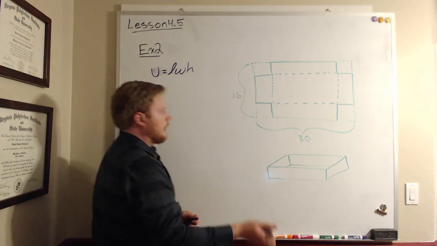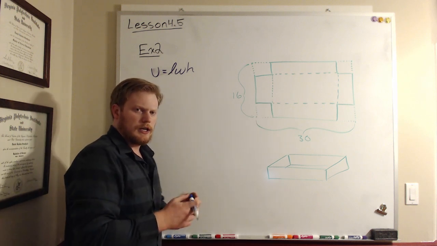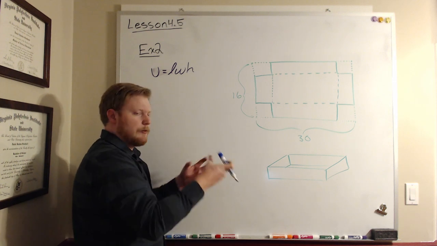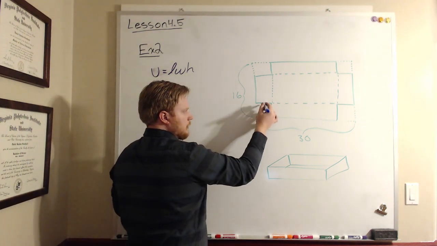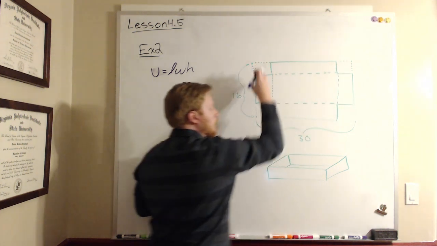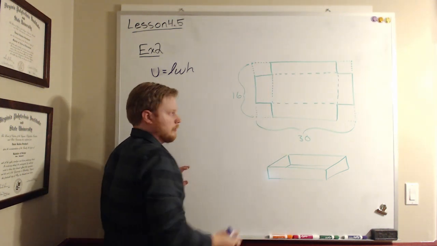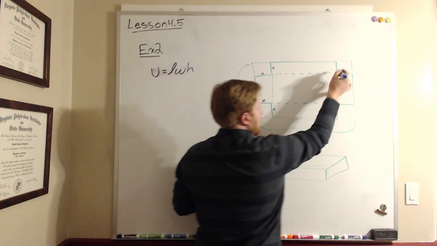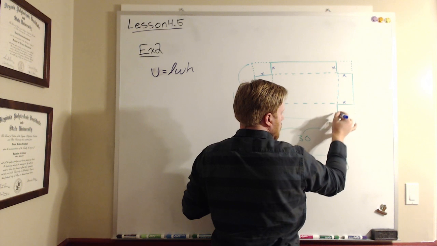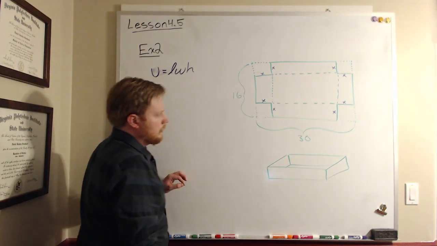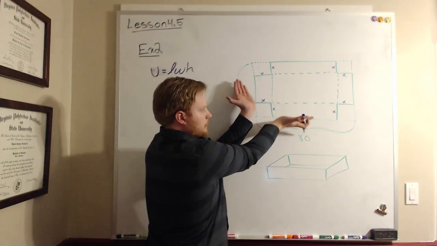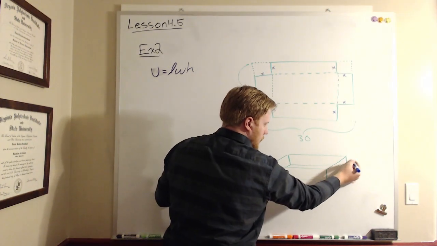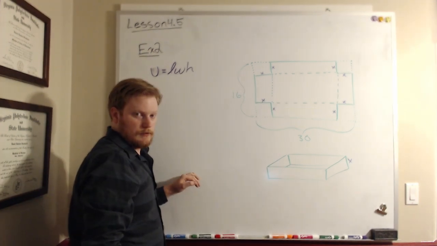So let's go back to this flat piece of cardboard and let's give a variable to the thing that is changing, the thing that we're trying to figure out how big to make it, right? And that's these little squares here. We want to know how big should these squares be, or how small should they be in order to optimize this volume. Okay? Well, all of these squares have a length of x. Okay? So now, if you can imagine folding these pieces up, the height of my box is x, right?